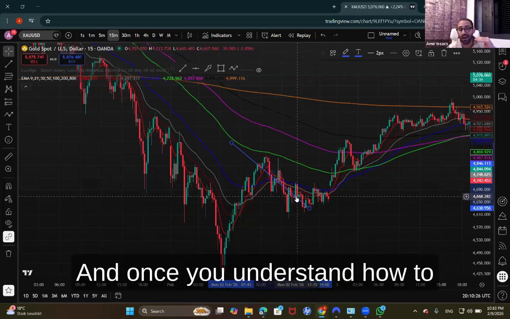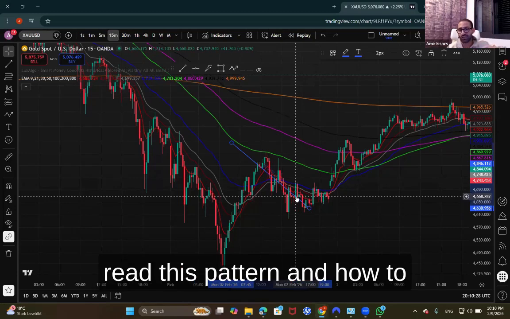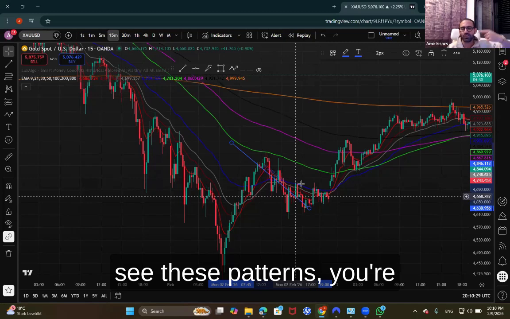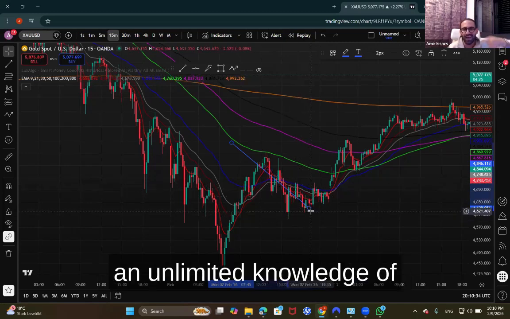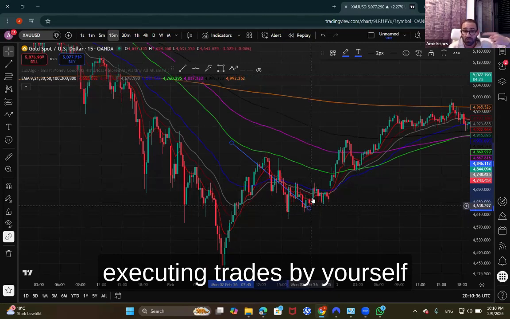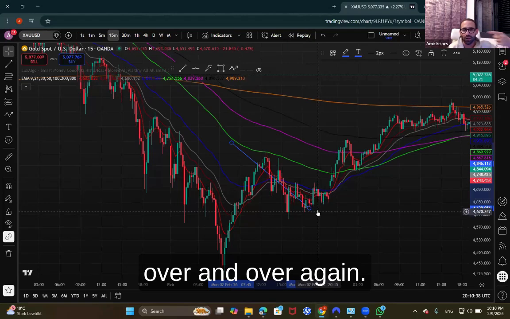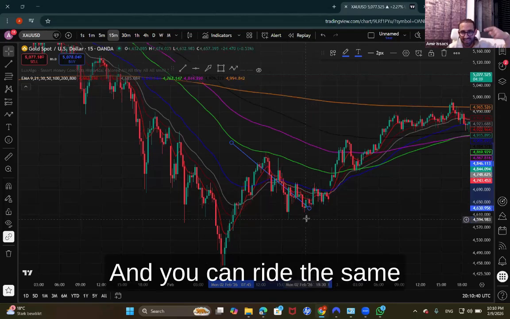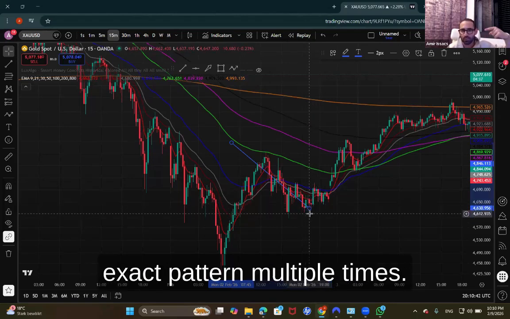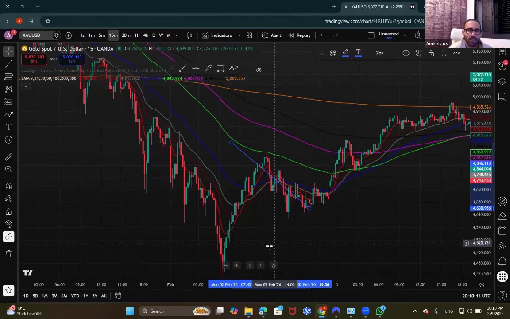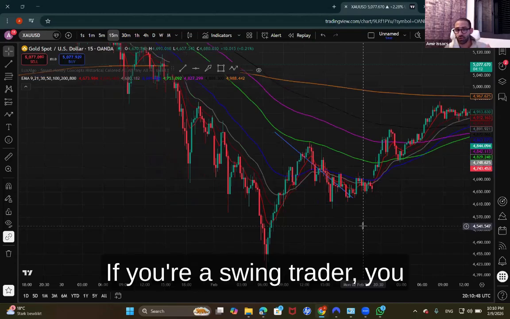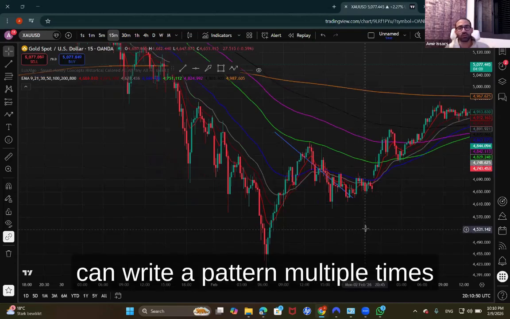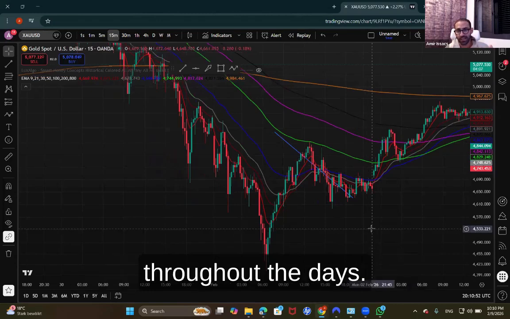Once you understand how to read this pattern and how to see these patterns, you're going to find yourself having an unlimited knowledge of executing trades by yourself over and over again. And you can ride the same exact pattern multiple times. If you're a swing trader, you can ride a pattern multiple times throughout the days.